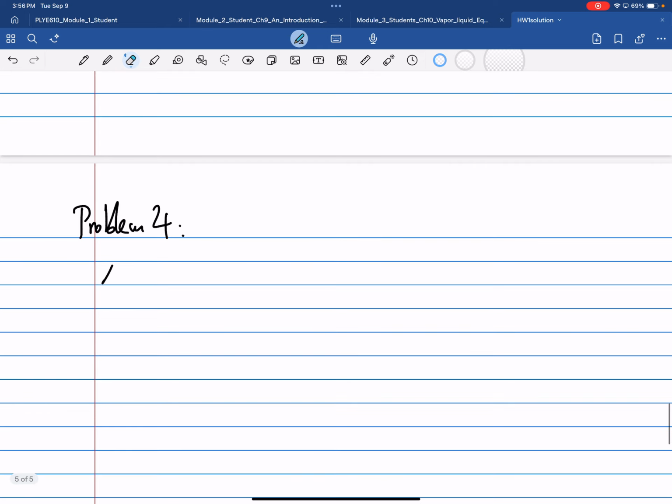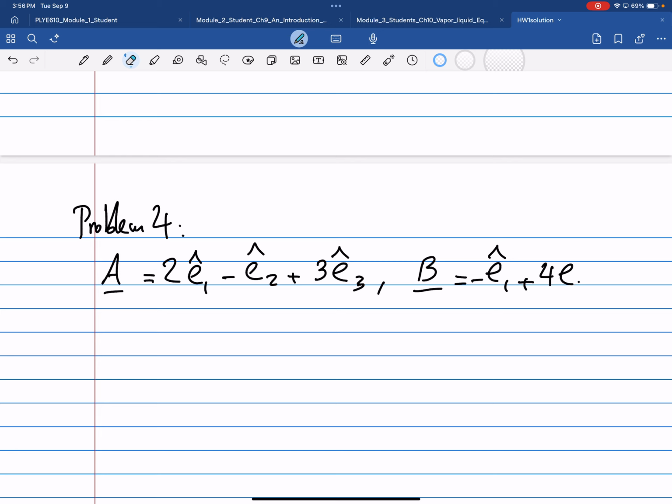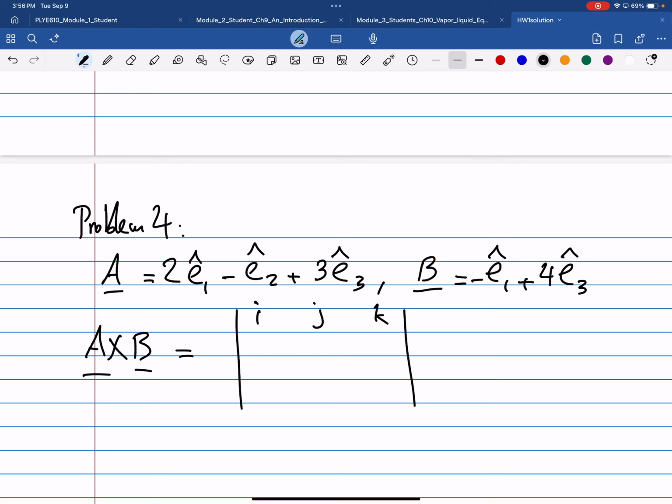You have two vectors, A as 2 E1 minus E2 plus 3 E3, and B is minus E1 plus 4 E3, and I'm just asking what is A cross B. An easy way is to use the determinant method of doing the multiplication: 2, minus 1, 3, minus 1, 0, 4. Then you expand the determinant.